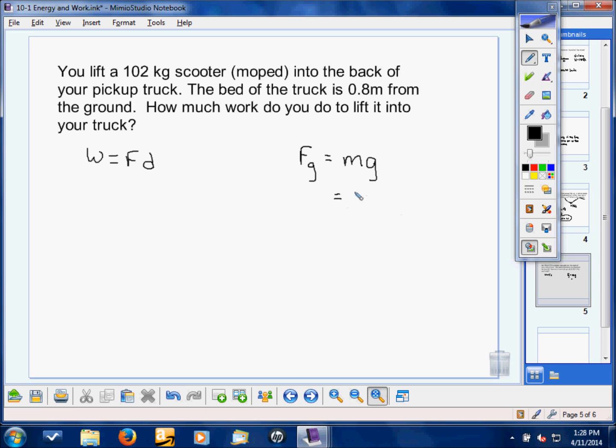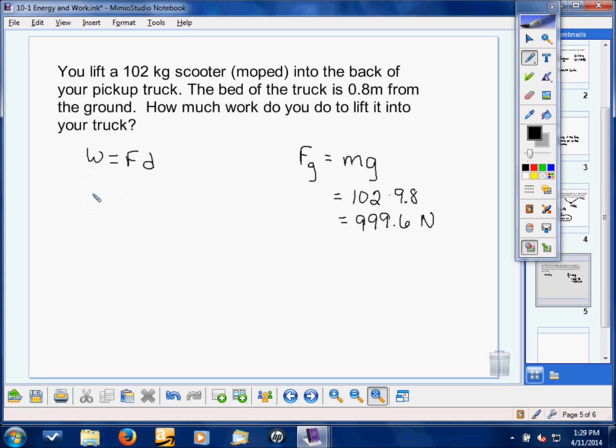So we have a 102 kilogram scooter times 9.8 meters per second squared. We need to do that calculation, and we get about 1,000, 999.6. So there's our newtons, how many newtons it would take to lift that up.